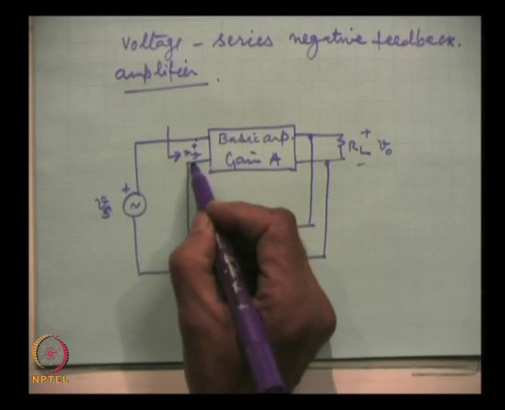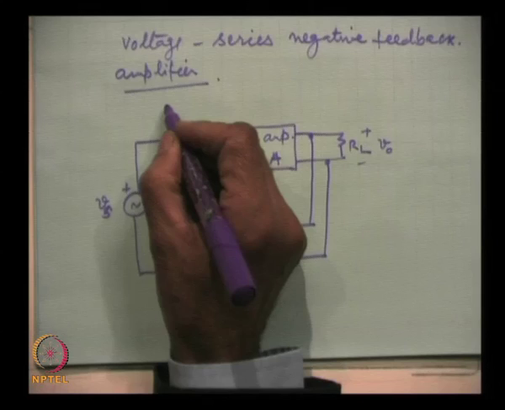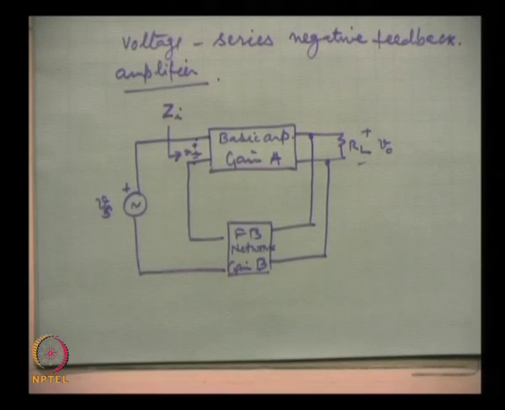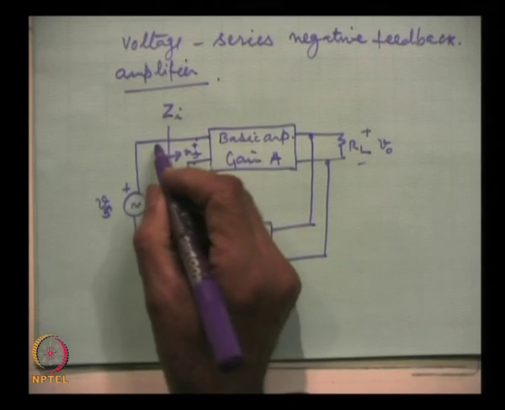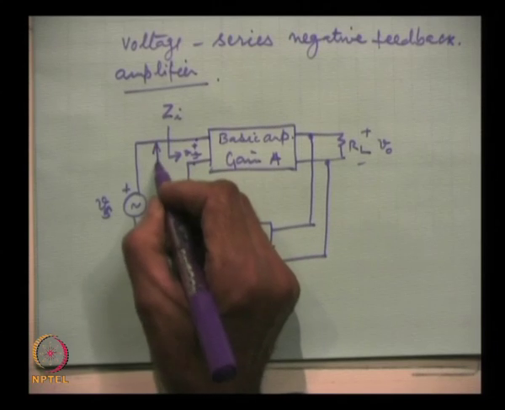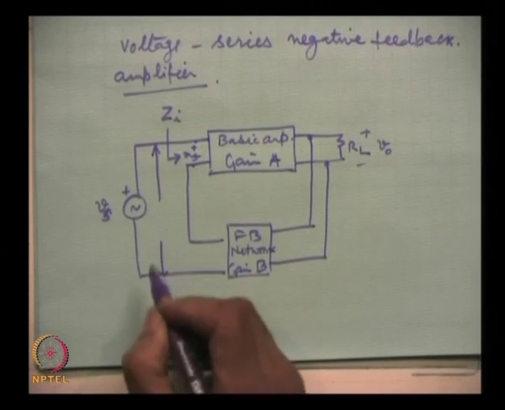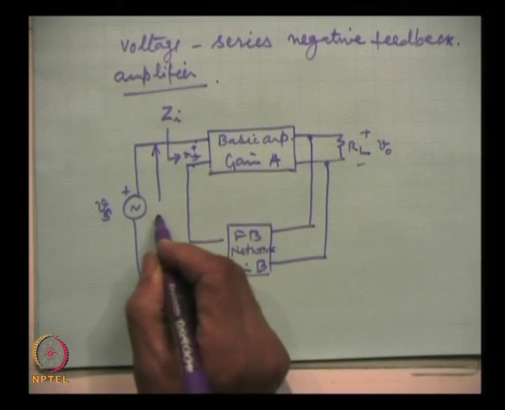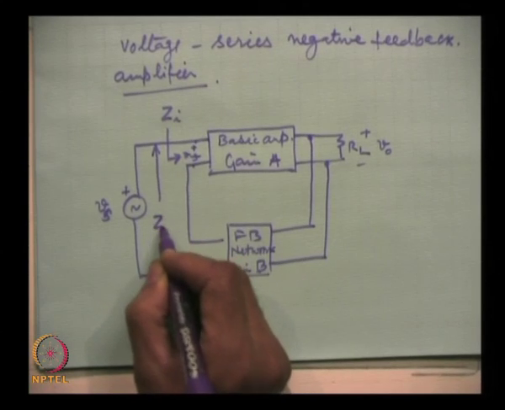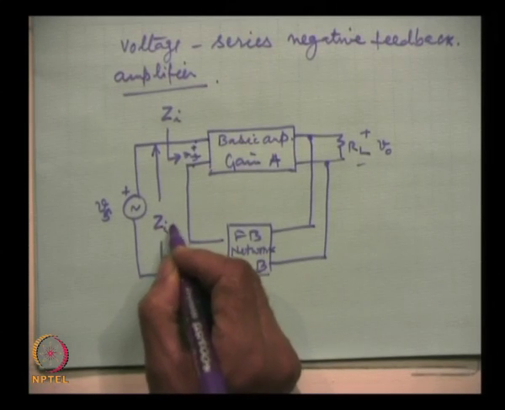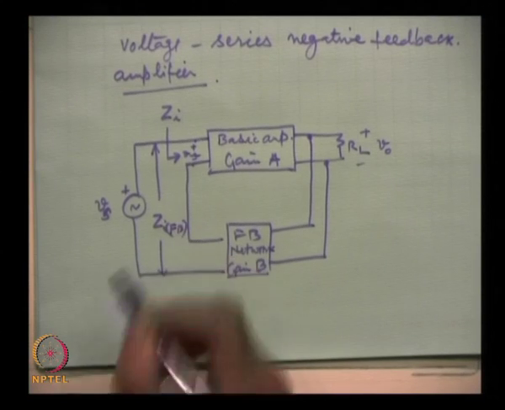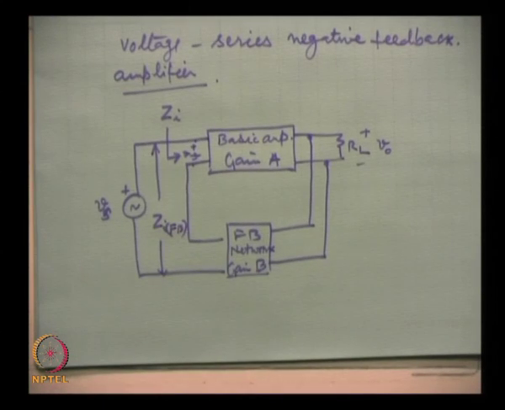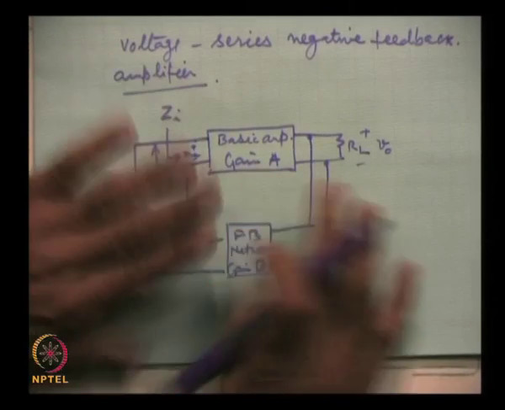If we measure between these two terminals, that will be the input impedance without feedback, and when we measure between these two terminals from here to here, this will be Z I F B with feedback, because we exclude this.